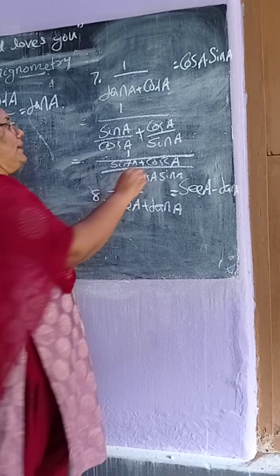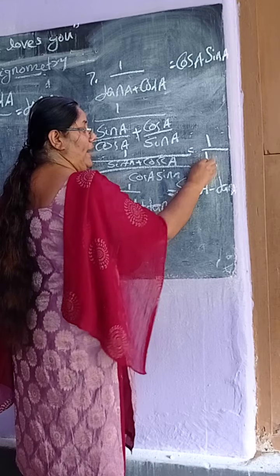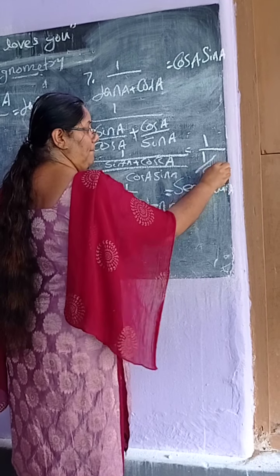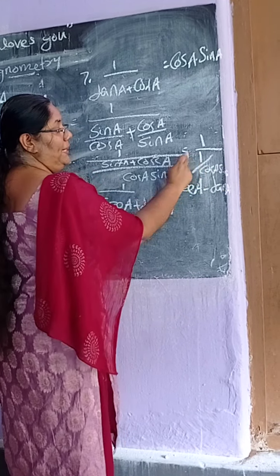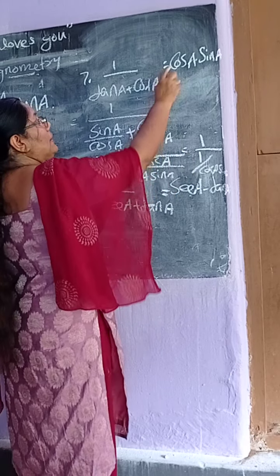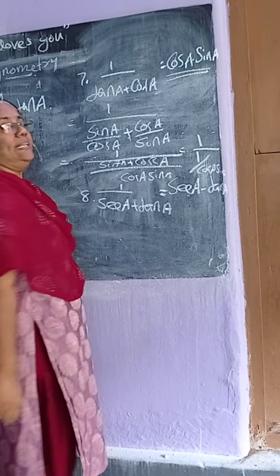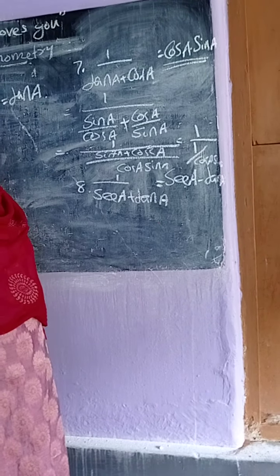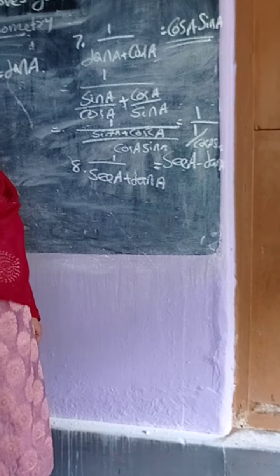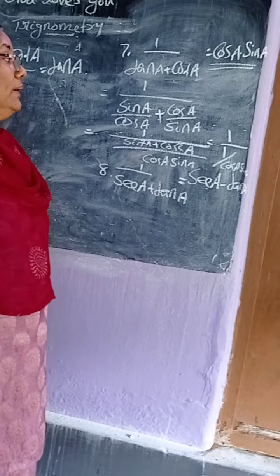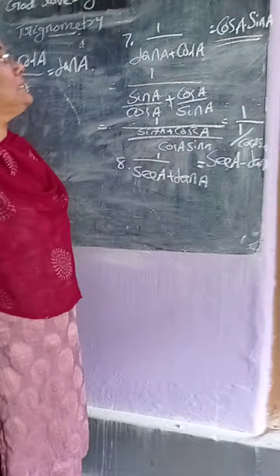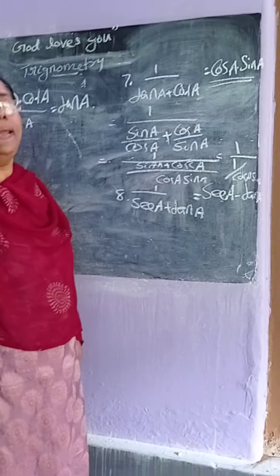That is equal to 1. So 1 by 1 by cos A sin A. That means take the reciprocal. We reached cos A sin A. That is the RHS. Therefore, the RHS is cos A sin A, hence proved.